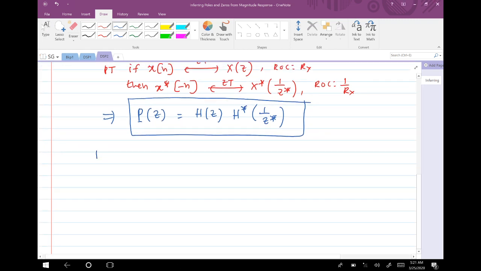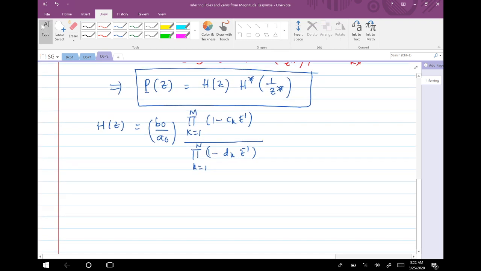I directly take the result from the previous class. A rational form would be b naught by a naught, and in the numerator, k varying from 1 to M, 1 minus ck z to the power minus 1. In the denominator, k equal to 1 to N, 1 minus dk z to the power minus 1.